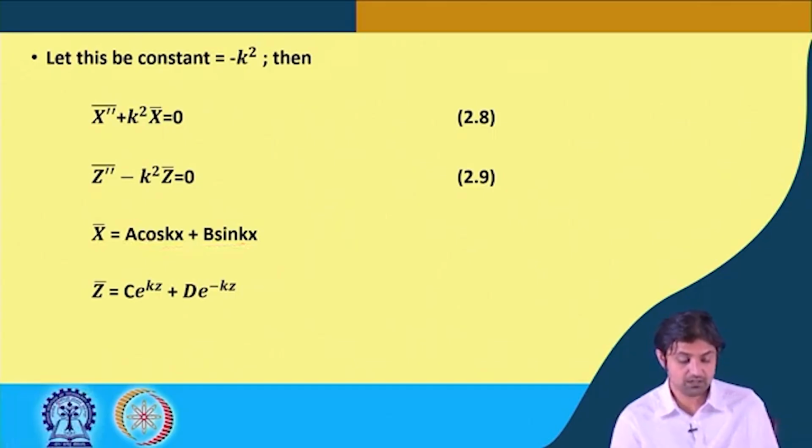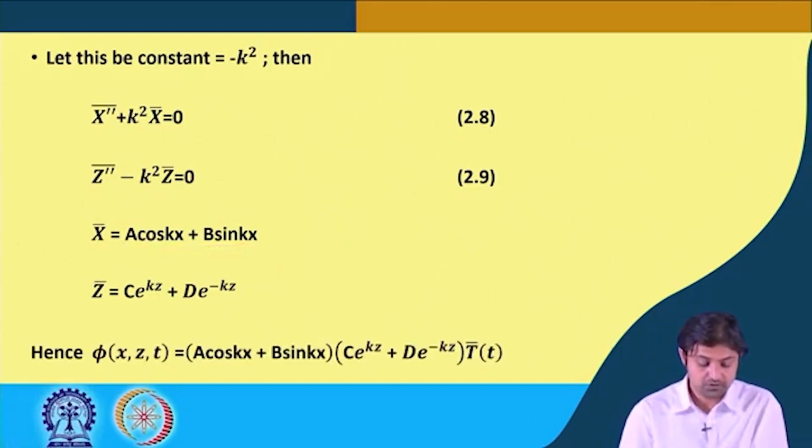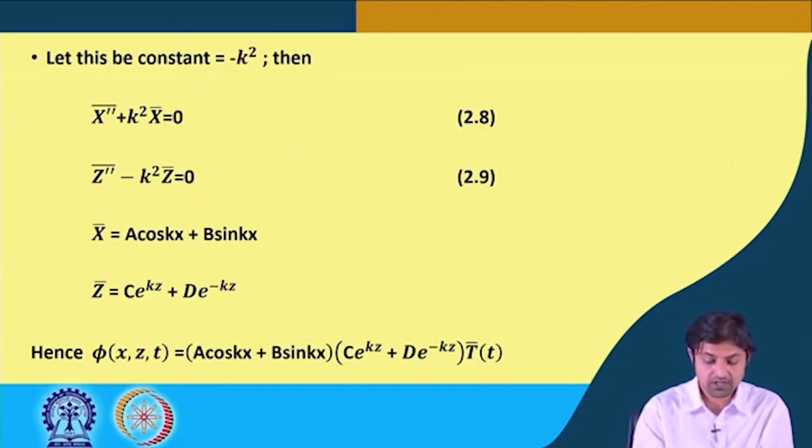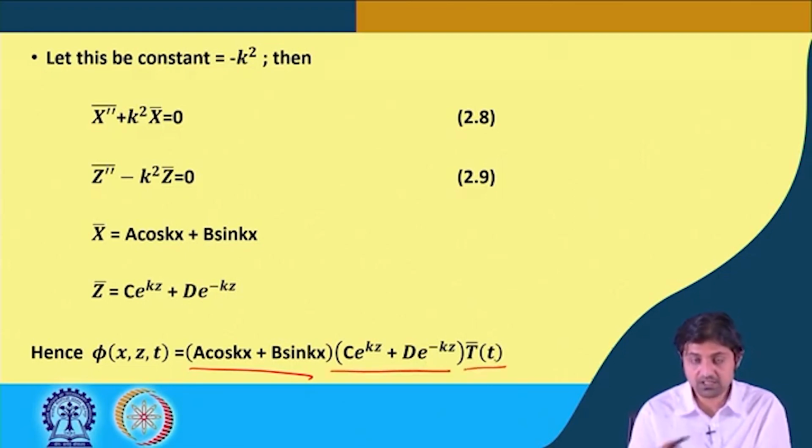We get X bar and Z bar. So you see, the solution that we initially assumed was phi of x, z, t is X bar, Z bar and T bar. So, we can write this one instead of X bar, this one instead of Z bar, and T bar remains as T bar.